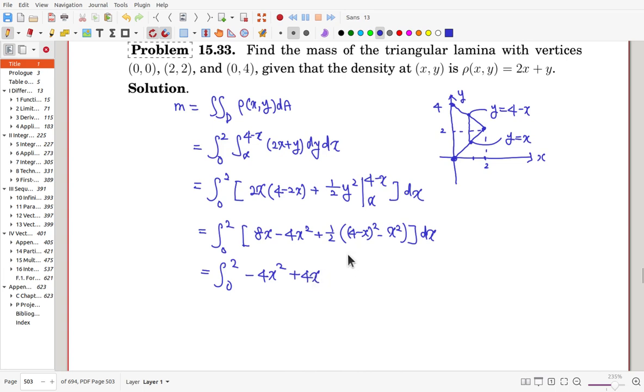And for the constant term, 16 half is 8. Then the x integration gives minus 4 over 3 x cubed plus 2x squared plus 8x, from 0 to 2. If you evaluate it, that will be 40 over 3. Okay, that's the final answer.